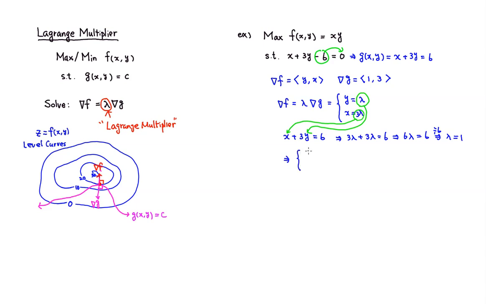So the x value is 3 times 1, which is 3, and the y value is lambda, so y is 1. The maximum occurs at x equals 3, y equals 1, giving x times y equal to 3.